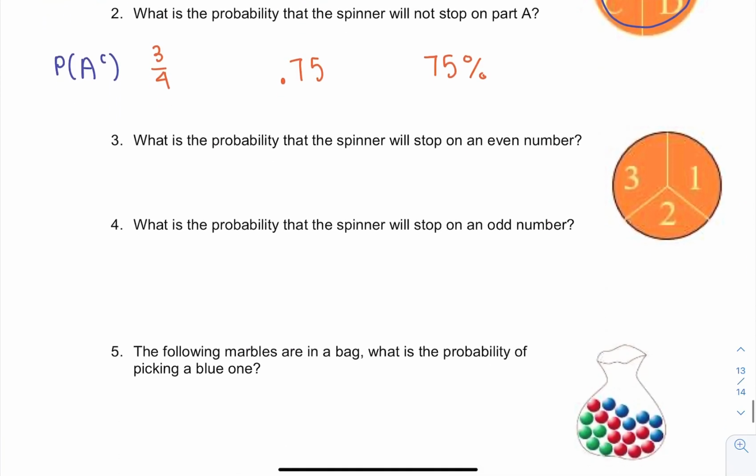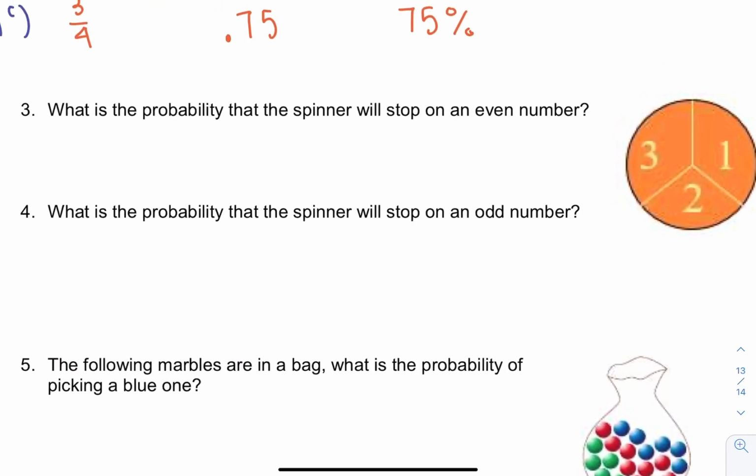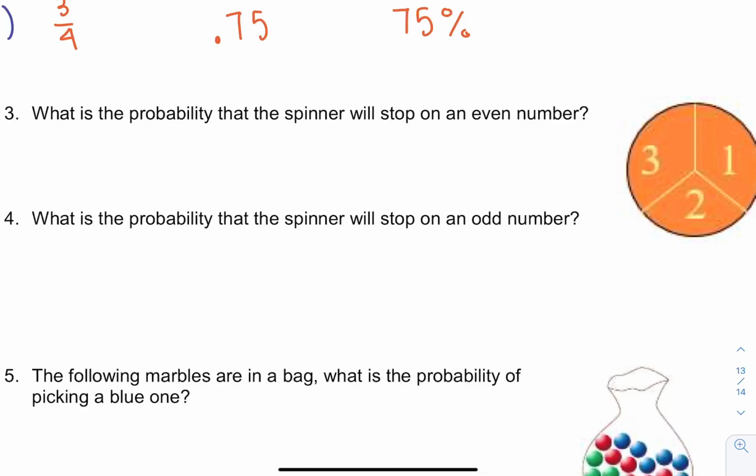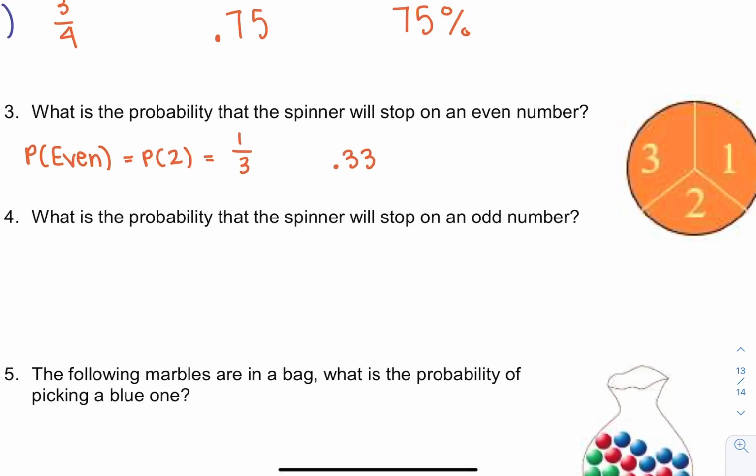Now let's take a look at this next problem. So we have another spinner. What is the probability that the spinner will stop on an even number? So the probability of even, in this case, if I have just 1, 2, and 3, that's really just the probability of 2. That only happens 1 out of 3 times, which is 0.33 repeating, or about 33%.